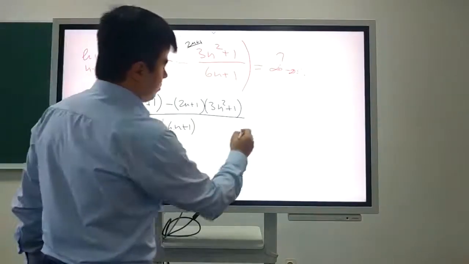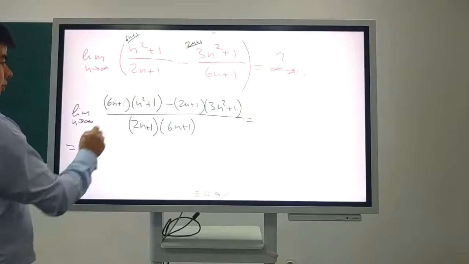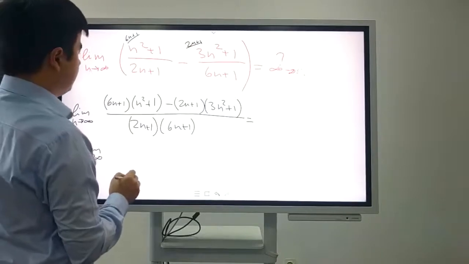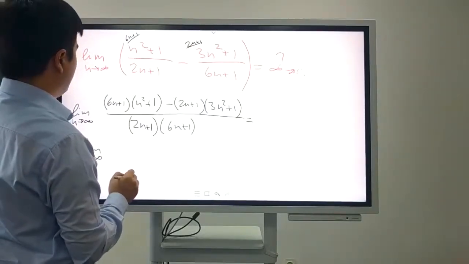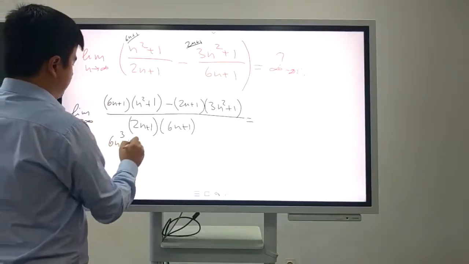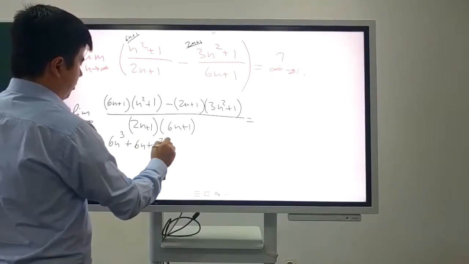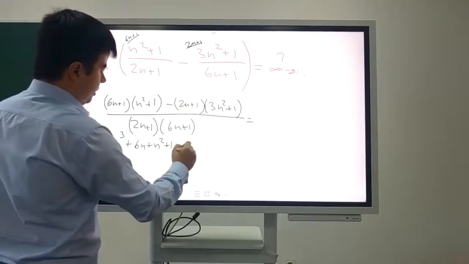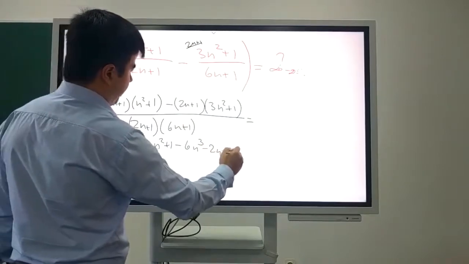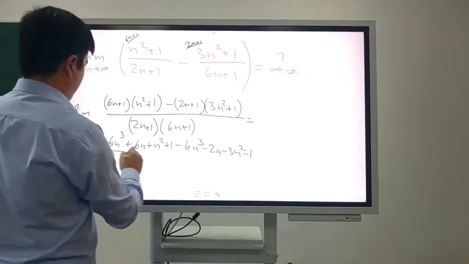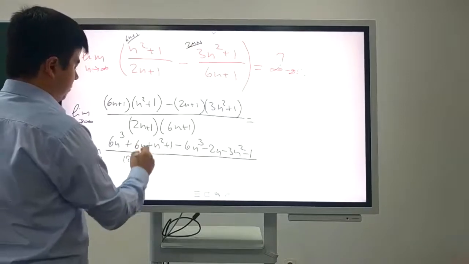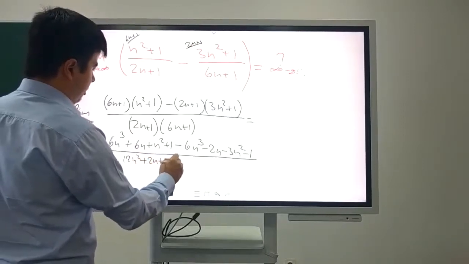So now let's continue. If you open the brackets, the numerator is 6n cubed plus 6n plus n squared plus 1 minus 6n cubed minus 2n minus 3n squared minus 1, over, if you open the brackets, 12n squared plus 2n plus 6n plus 1.